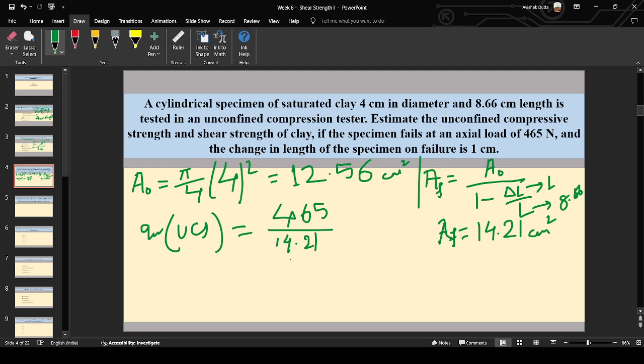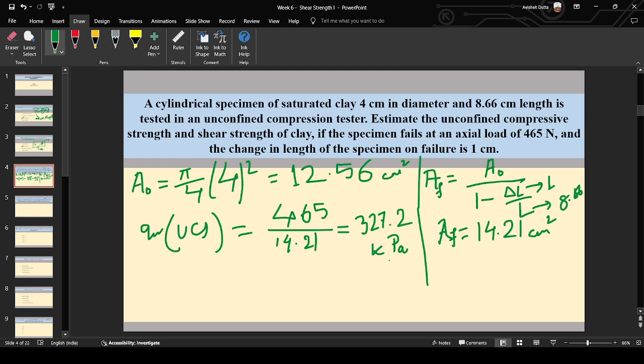If you do this and convert it into kilopascal, the approximate result will be around 327.2 in kilopascal.